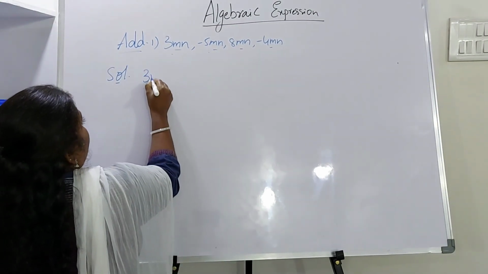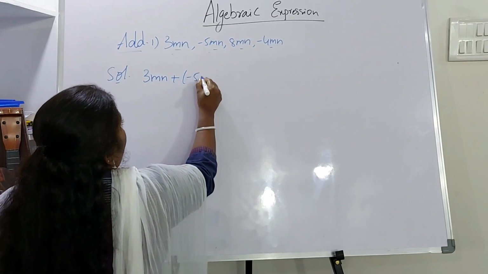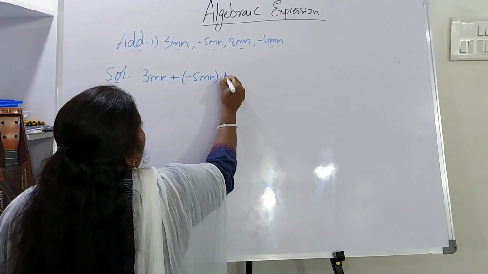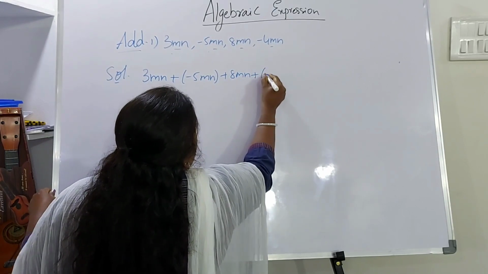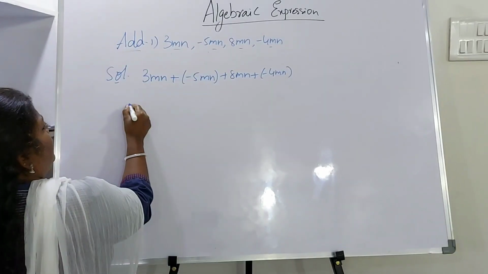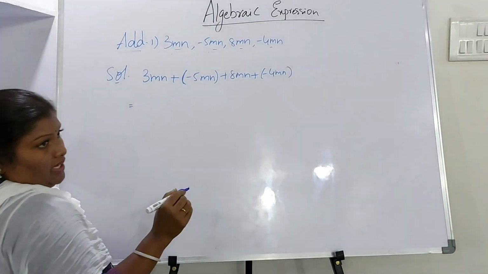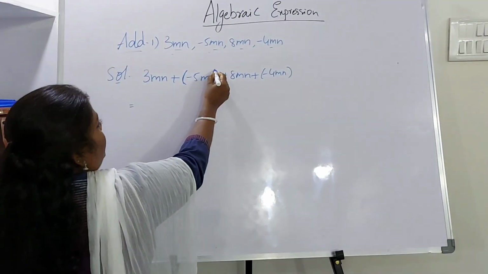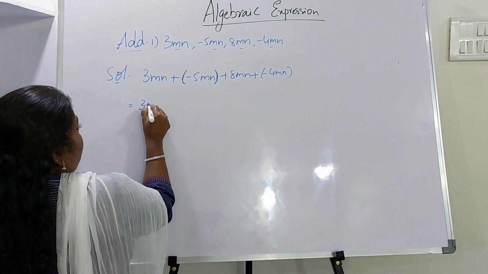So it is 3mn plus minus 5mn plus 8mn plus minus 4mn. Now bracket indicates multiplication. So first write down 3mn.